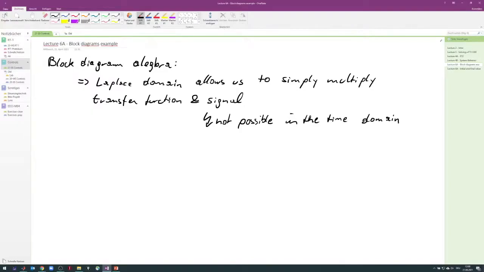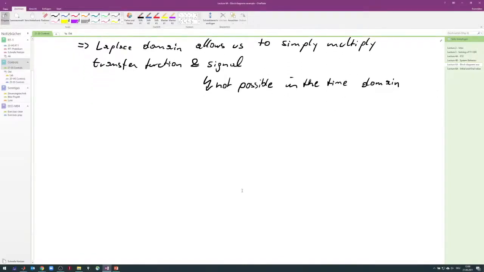If you read scientific papers, they are just written down as little block diagrams instead of ODEs or transfer functions, because it's just a better illustration than the mathematical equations. And I want to do one example with you. We have a system given, not as a transfer function, not as an ODE, simply as a block diagram.